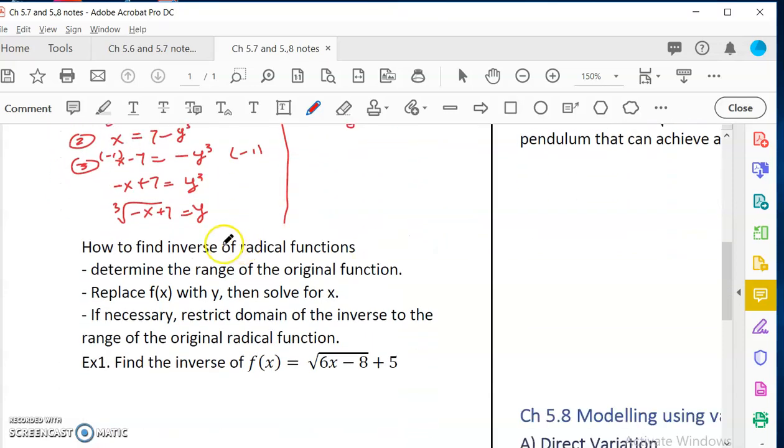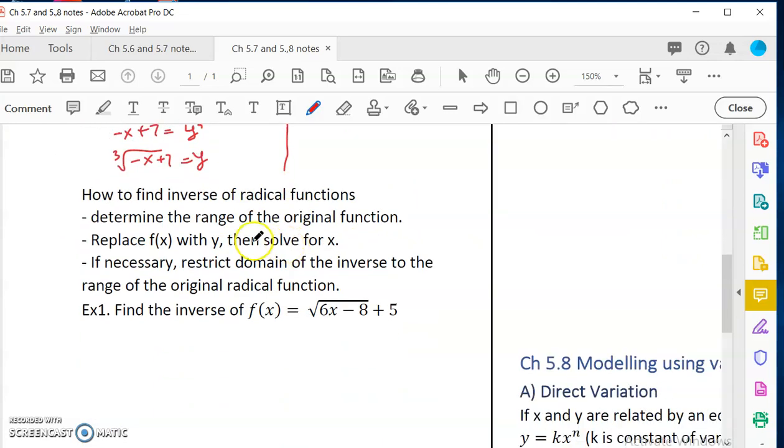So the next part is finding the inverse of a radical function. Radical functions are the inverse of polynomials, so you can deduce that if you have a radical function, its inverse is a polynomial, right?